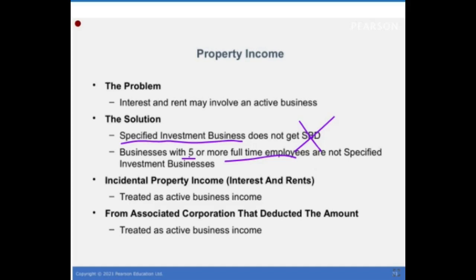That incidental property income, which is really tied closely to the business operations, will be treated as active business income. Interest and rent will be considered part of the overall active business income, as long as they relate to the business itself.